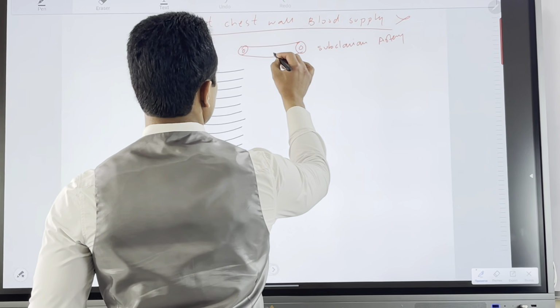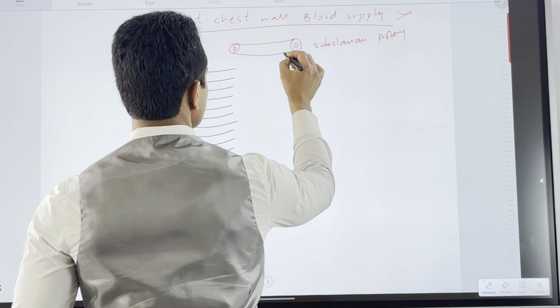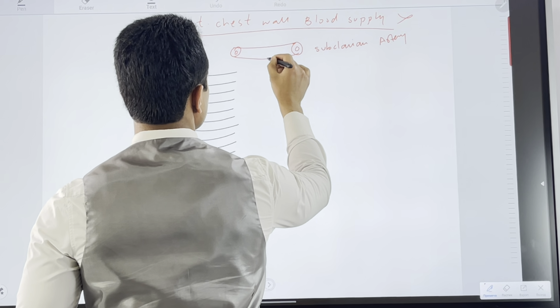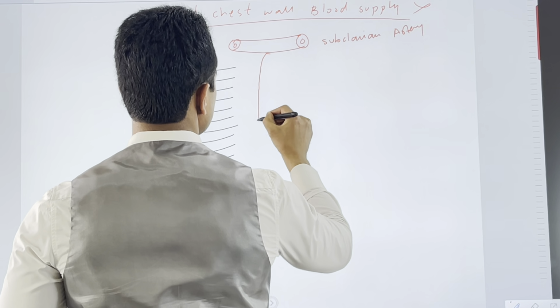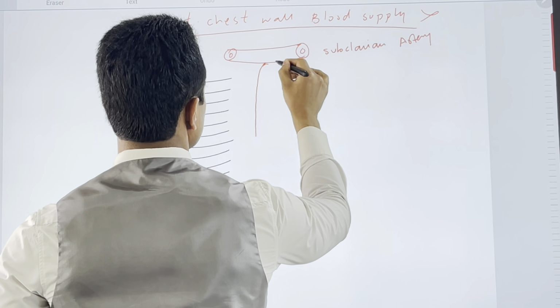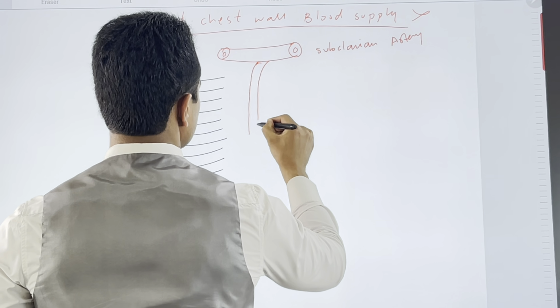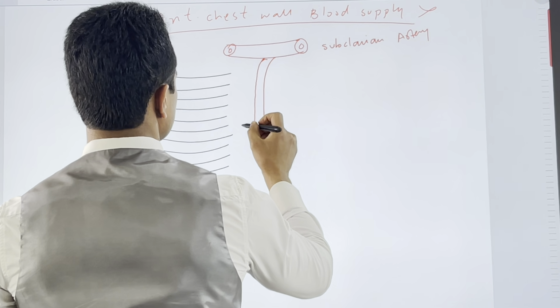So the internal thoracic artery comes from the first part of the subclavian artery, coming downward.